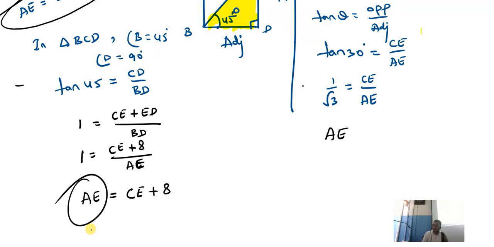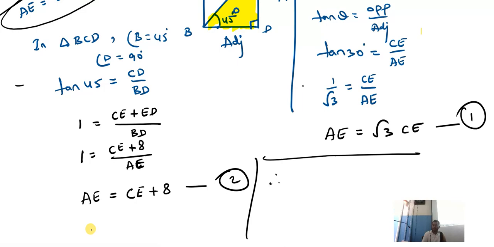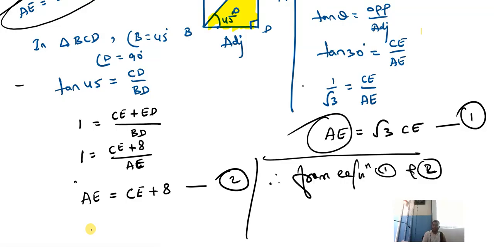AE into 1 is AE equals root 3 CE. Now I'll make this equation 1. Now this is my equation 2. Therefore, from equations 1 and 2, both sides have AE. When both the LHS are equal, then the RHS are also equal. That is root 3 CE is equal to CE plus 8.